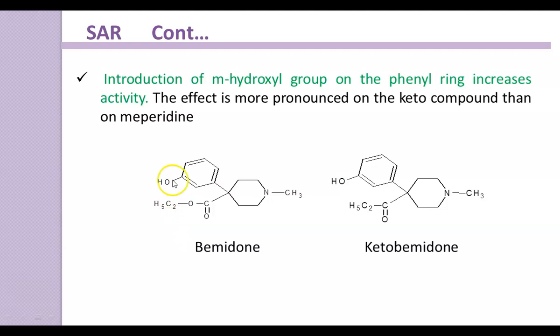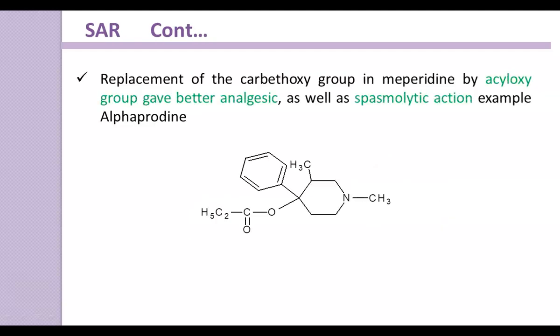In the first structure, there is a meperidine-like structure, and here we introduce a hydroxyl group at the meta position, whereas in the case of keto-bemidone, a keto compound, it has a very good analgesic activity.